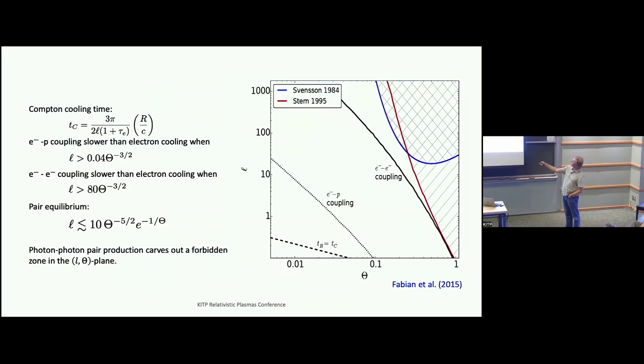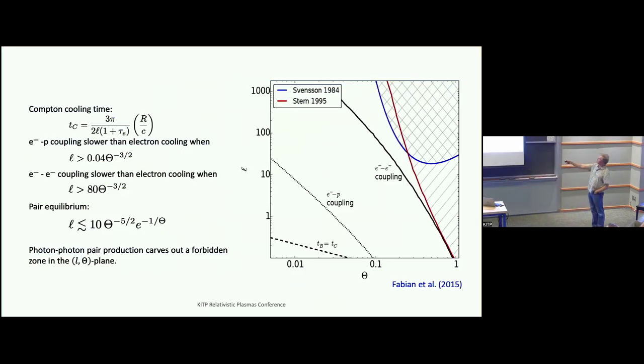The Compton cooling time is basically the light crossing time multiplied by things of order unity divided by the compactness. So order unity of compactness is the same statement as an electron will cool before it crosses the corona. It's telling you whether an electron can actually cross the corona before cooling.